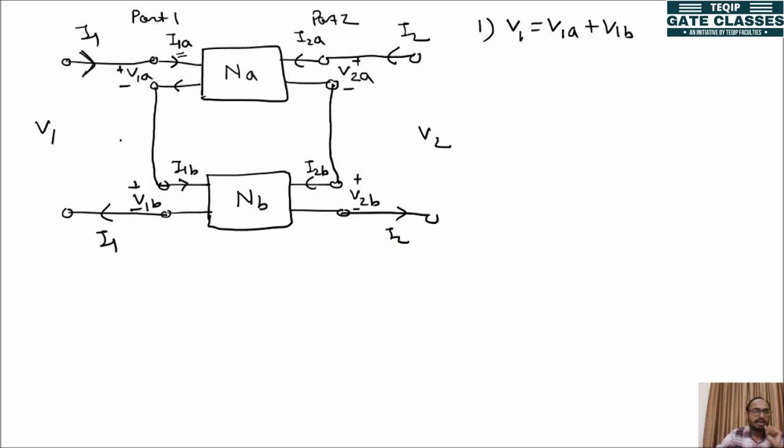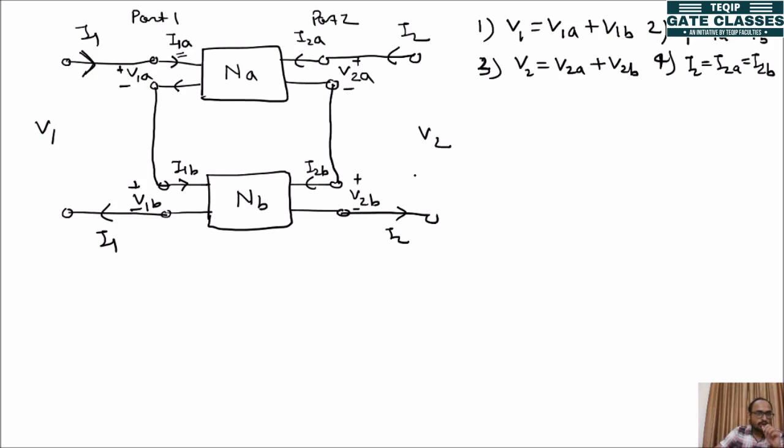Second thing is I1 is equal to I1A, and that is also equal to I1B. Similarly, third equation is V2 is equal to V2A plus V2B, and fourth thing is I2 is equal to I2A is equal to I2B here.